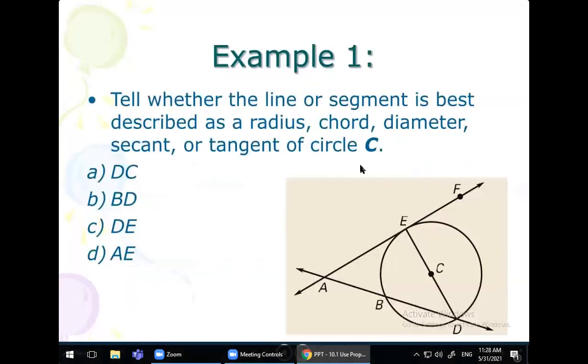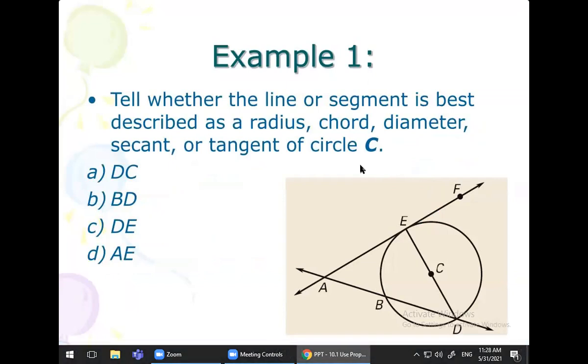After we know the difference between lines and line segments in the circle, we want to answer this question. Tell whether the line or segment is best described as a radius, chord, diameter, secant, or tangent of the circle. Now, DC.